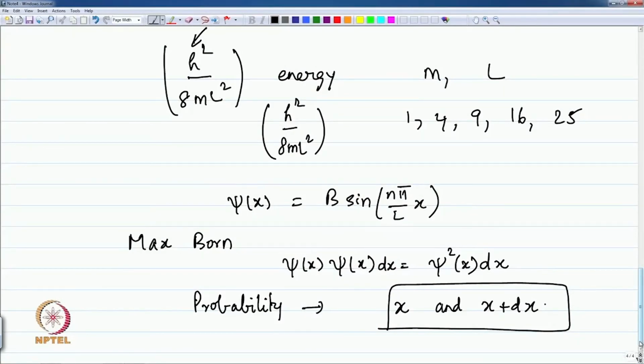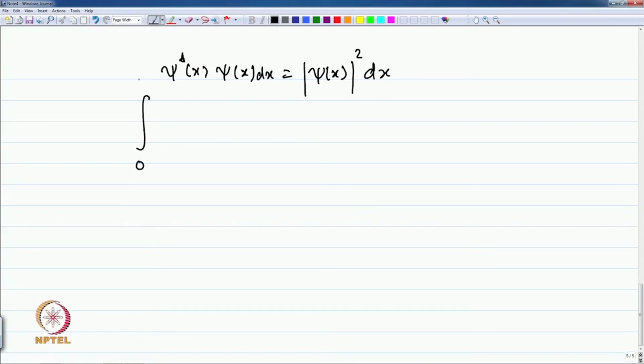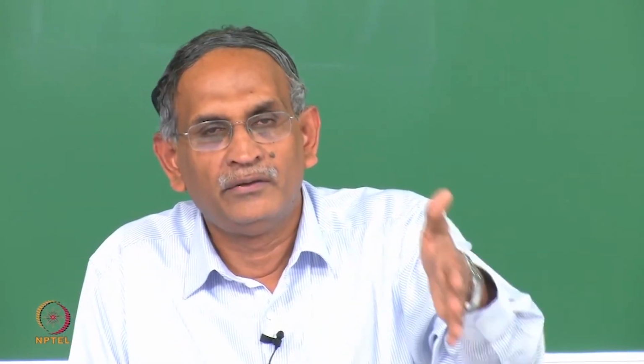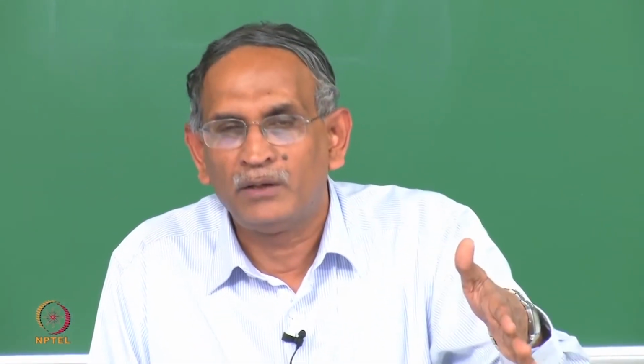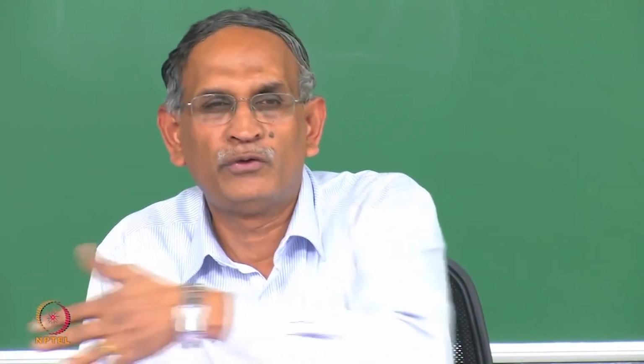Therefore, let me conclude immediately what B should be, because if psi star x psi x, which is the same as psi of x square with a dx, is a probability, then if you add all the probabilities from 0 to L, because the particle can have any position between the end points but not at the end point, anywhere as close to one end point as possible, but as close to the other end point.